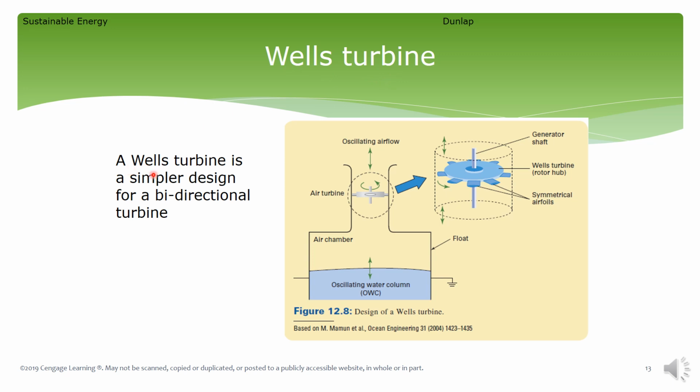The Wells turbine is a simpler design for a bidirectional turbine. It looks like that. So the water is moving up and down, and no matter the air direction, the turbine direction will be in one direction.